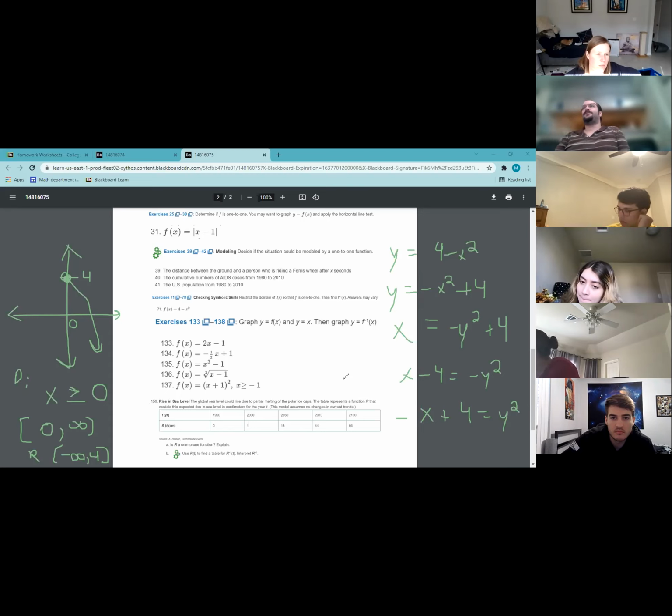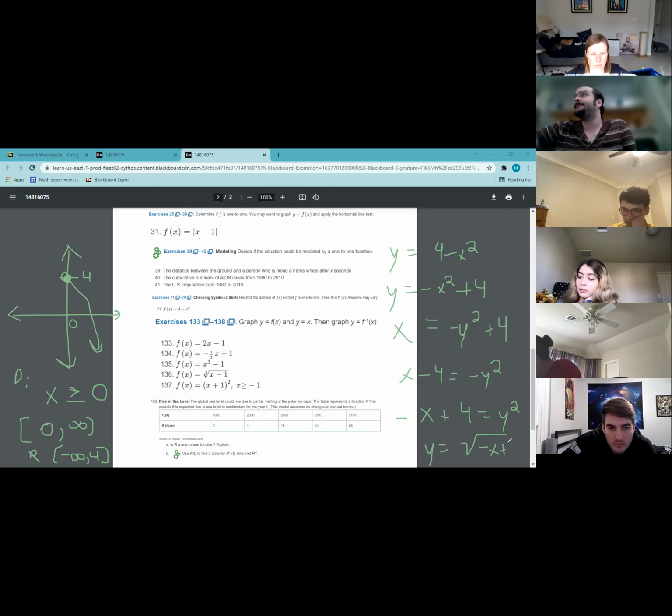And now I think this is where that domain restriction comes into play, because when we take the square root of y squared, we want to make sure it's positive, I believe. And so if we want just y by itself, it should look like y is the square root of negative x plus 4.